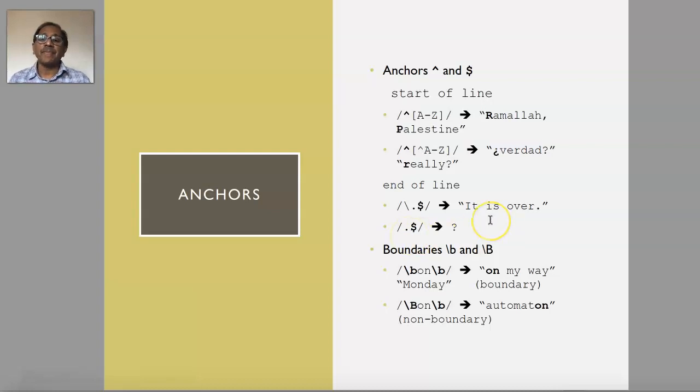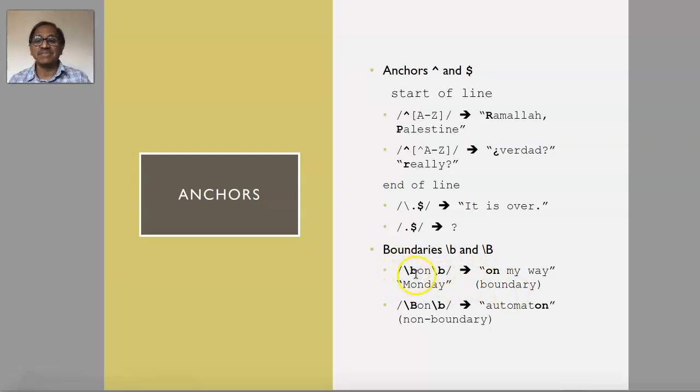Okay. What we see here is anchor, like negation with the caret sign, is used not only for negation but also can be used to mark the start of the line. Dollar sign is used to indicate the end of line. You also have something like slash b and slash capital B. Slash b shows a boundary.